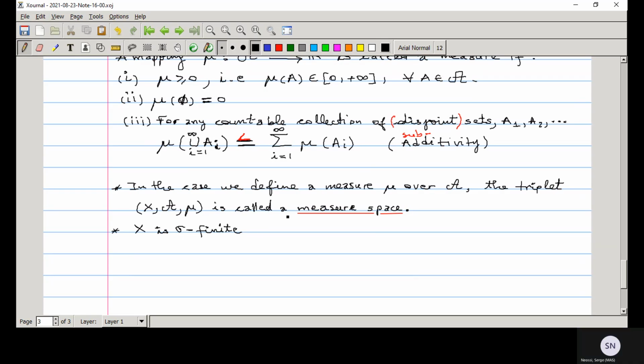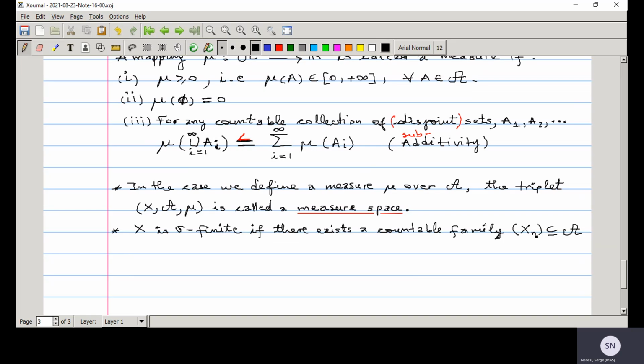So X is sigma finite if there exists a countable family, or a sequence if you want, in A. So I write sub, I don't say element, right?